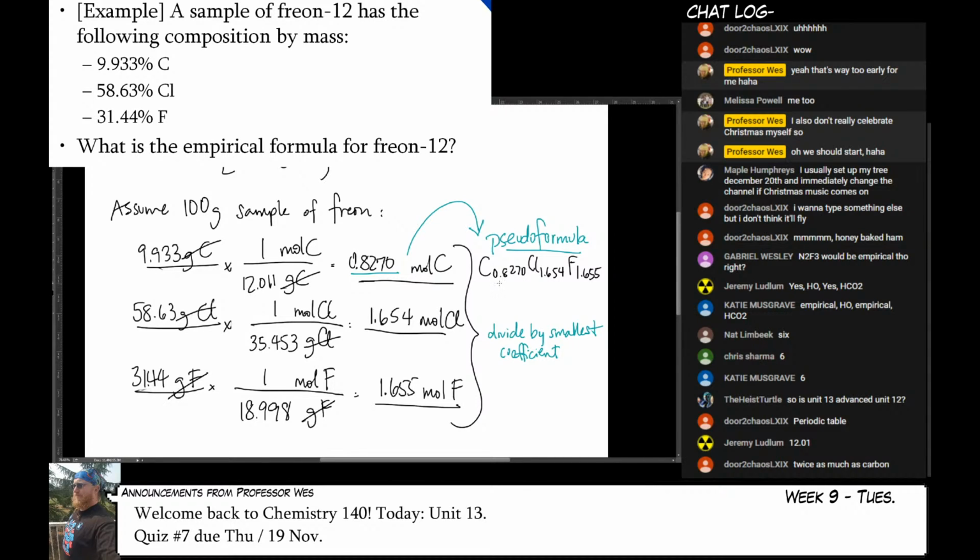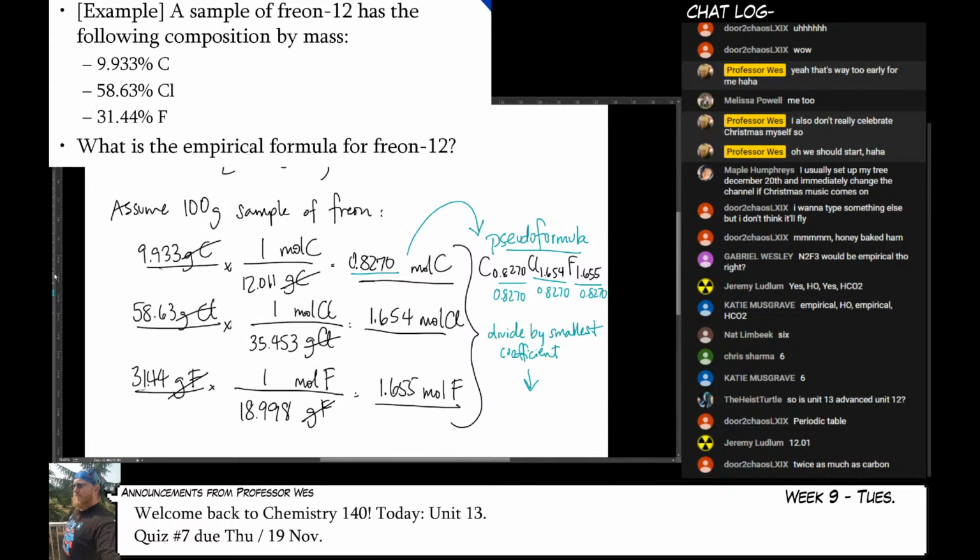So I'm going to divide each of these by that number. And when I do that, I will then get whole numbers, or at the very least, something that's really, really close to a whole number.